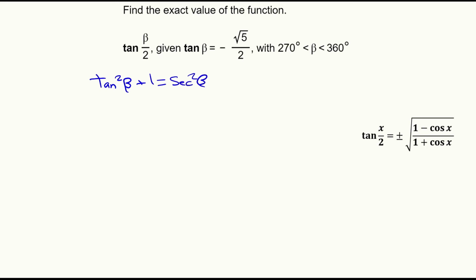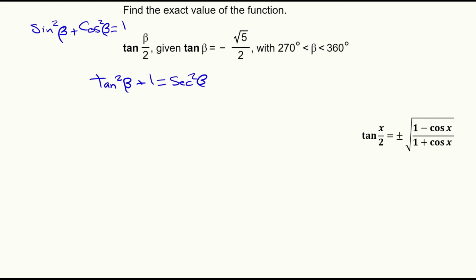If you tend to misplace those, just start with sine squared beta plus cosine squared beta equals 1, then just mentally divide both sides by cosine squared, and you get sine squared over cosine squared, which is tangent squared, plus cosine squared over cosine squared, which is 1, equals 1 over cosine squared, which is secant squared.